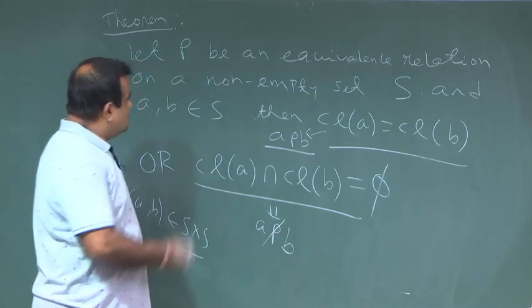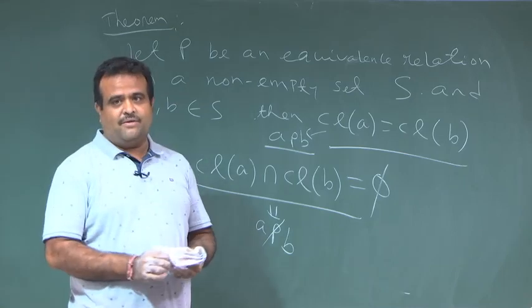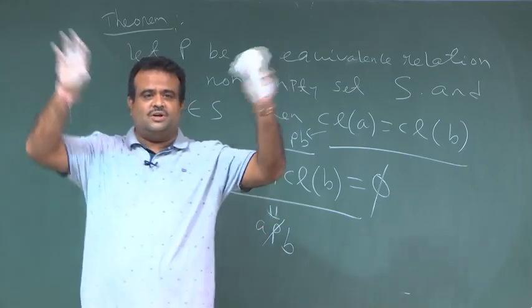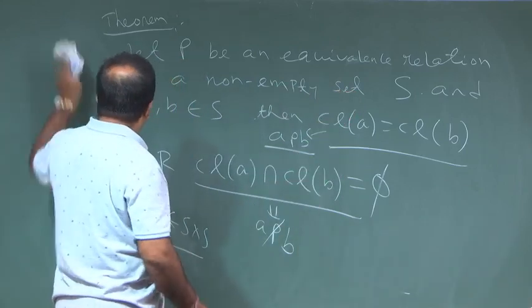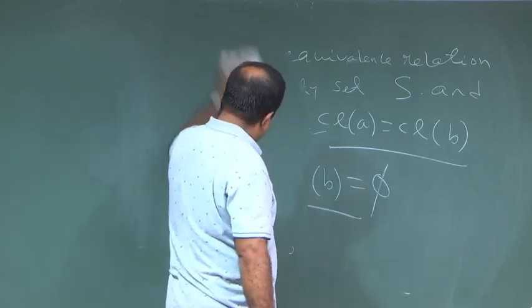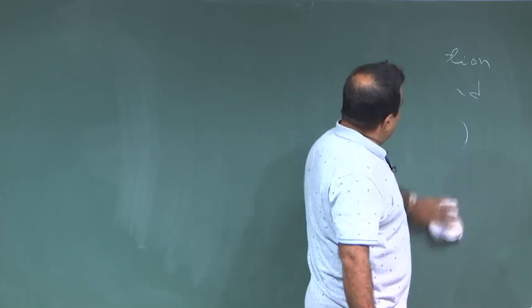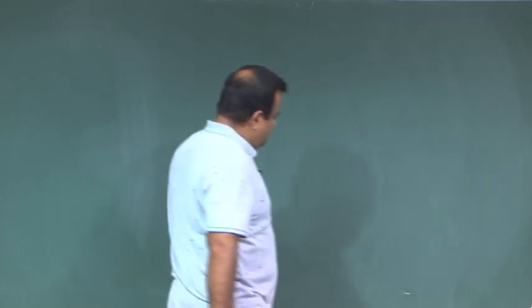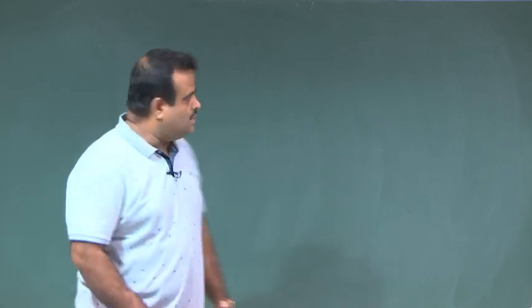This theorem tells us about a partition on the set S, because it is giving us disjoint classes. These disjoint classes give us a partition on this set S. Now, it may give us a finite partition or an infinite partition depending on the relation. We will take an example.